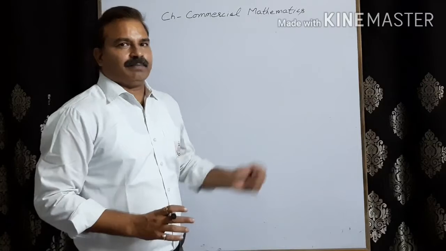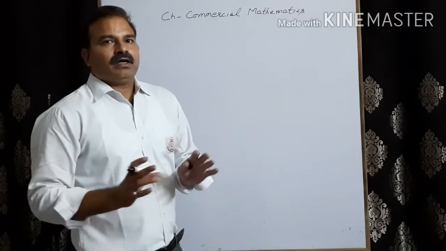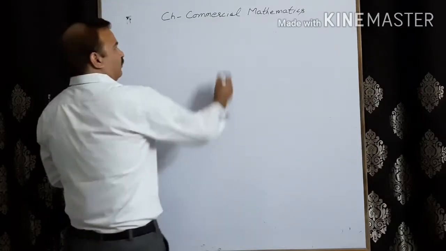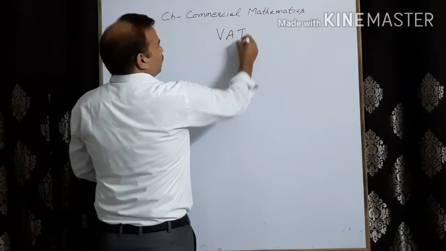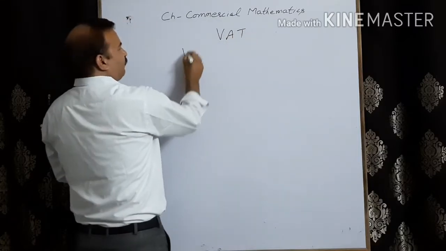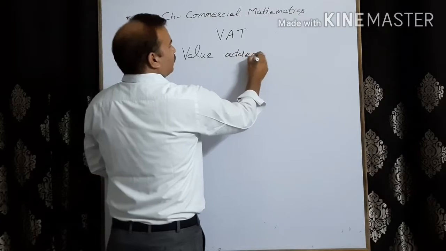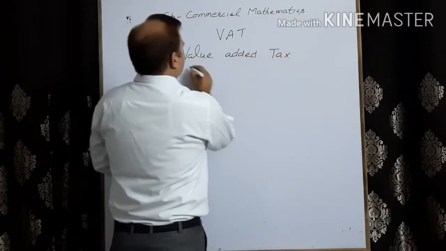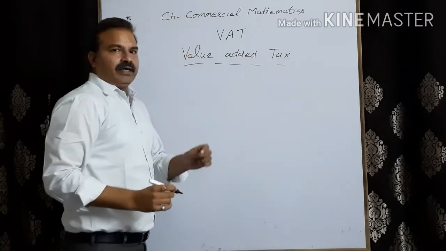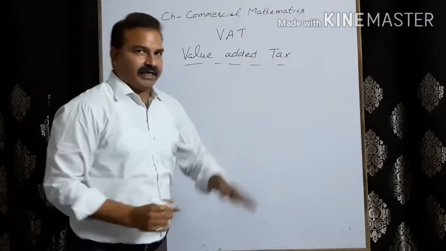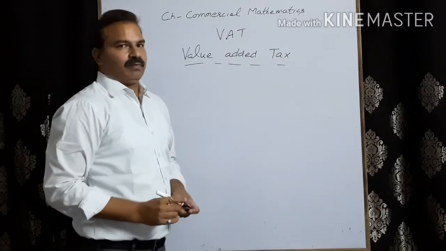Before starting with the example, I would like to tell you about the taxes. Earlier the government was having the VAT. That is a type of tax. The full form of VAT is value added tax. This tax was taken by the state government and then the central government.